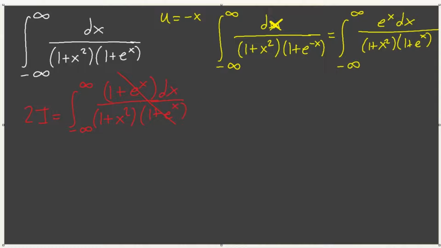So what we have now is I equal to half of the integral from -infinity to infinity of dx over 1 plus x squared. Of course, we just use symmetry, and you can easily see that the answer to this integral is pi over 2.